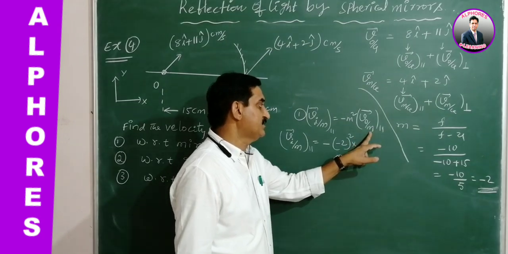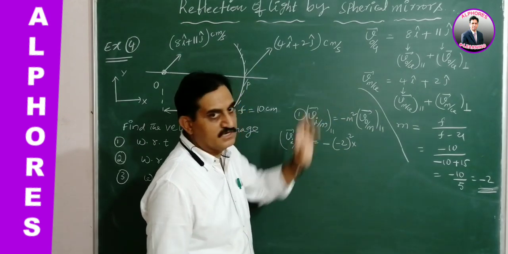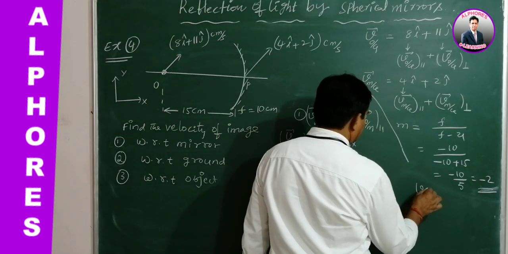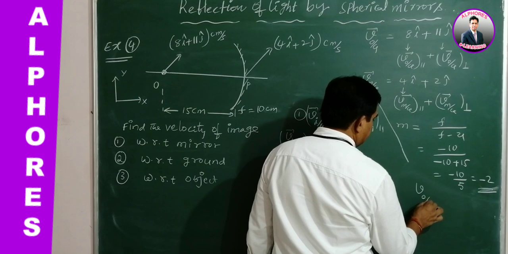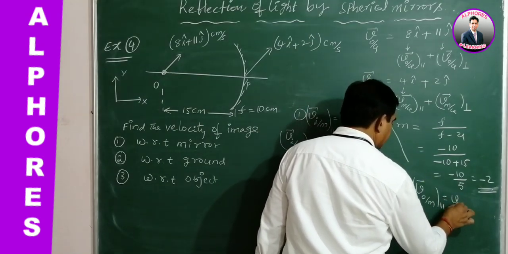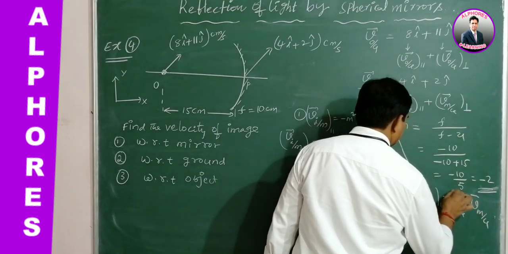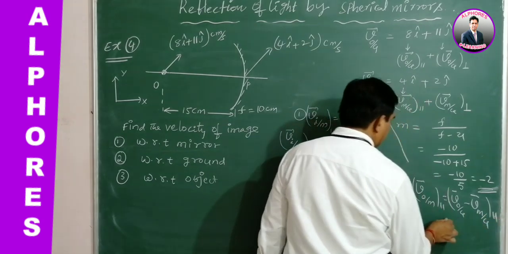Object with respect to mirror, parallel components, we have to develop using this data. So velocity of object with respect to mirror, parallel component, equals velocity of object with ground minus velocity of mirror with ground. They are only parallel components.